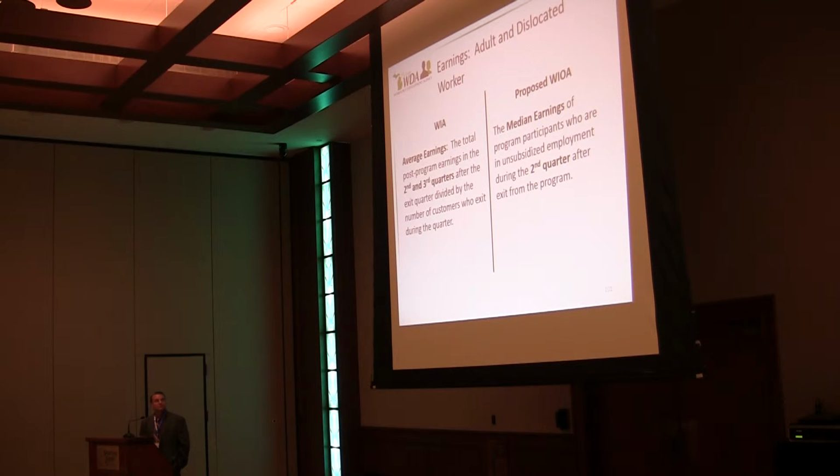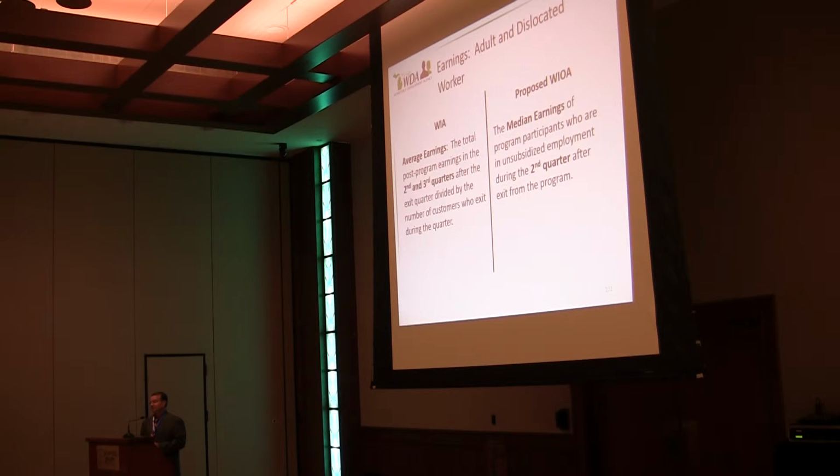As far as the move to median earnings instead of average earnings, I think that they've decided on median earnings because outlier type of earnings don't have as much impact on a median earnings calculation as an average earnings calculation, and that might be good or bad depending on your own MWA performance.